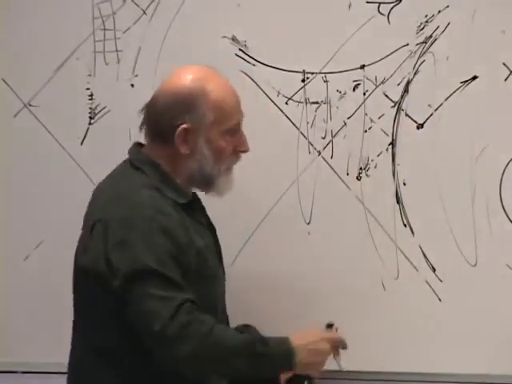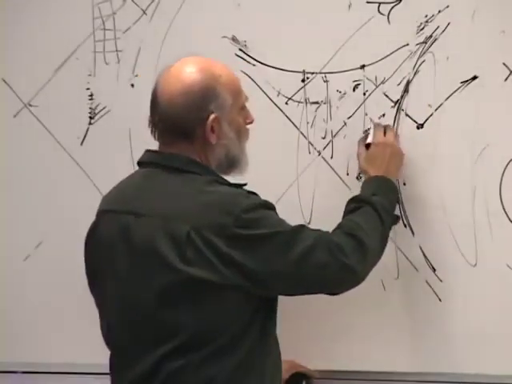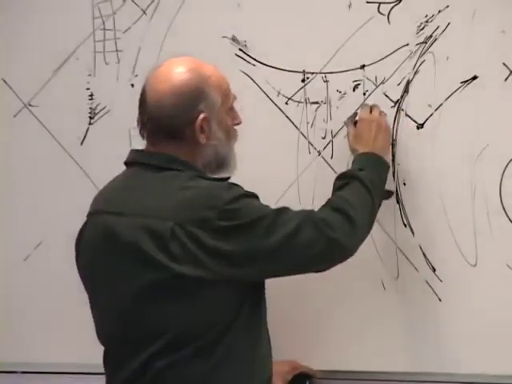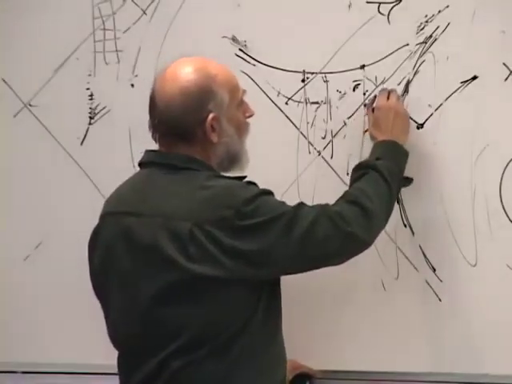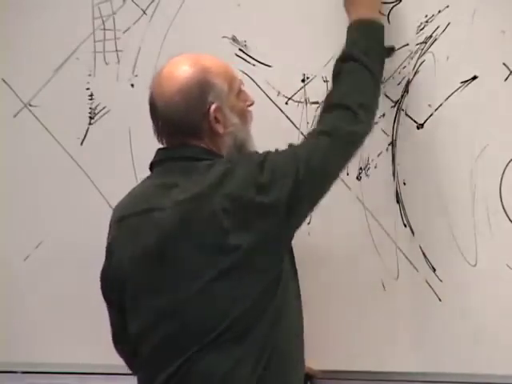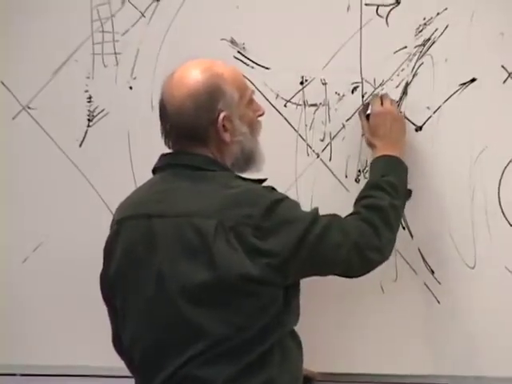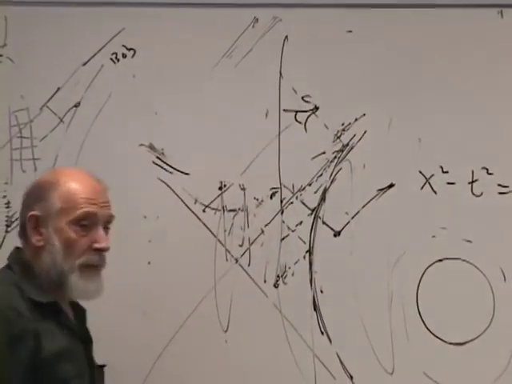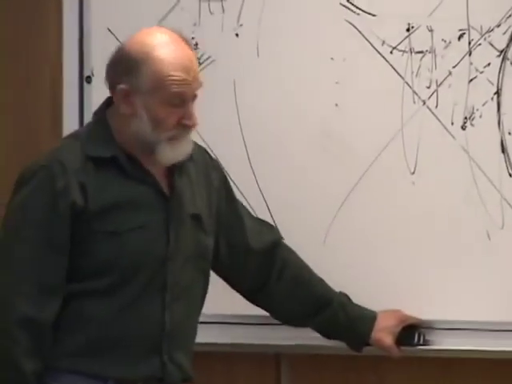So what she sees is when she sends a message, the messages take longer and longer to get back. She sends a message from here; let's forget the singularity. If she sends a message from here, it takes a very, very long time for it to get back. And what's more, it gets back very, very redshifted.